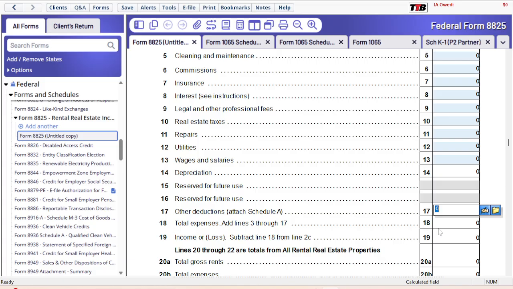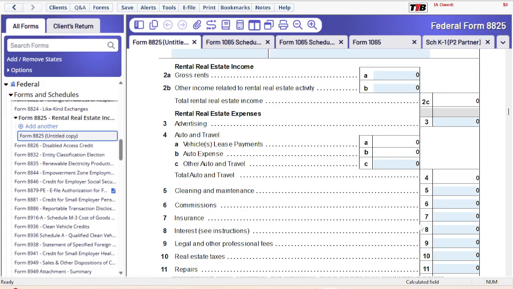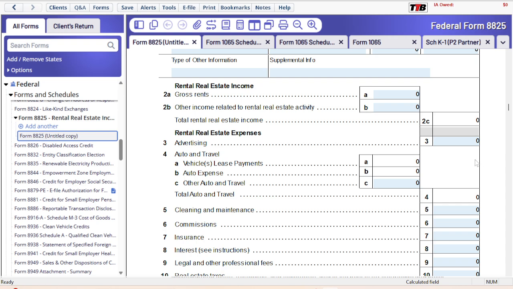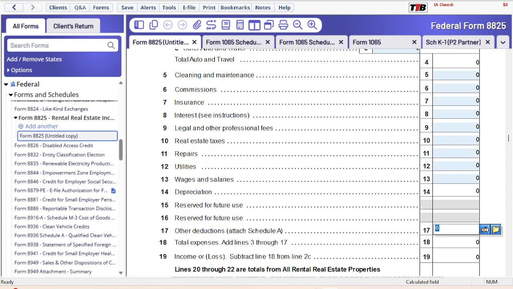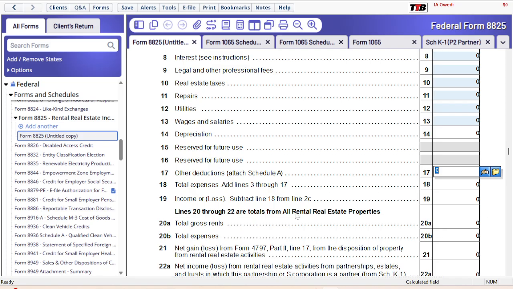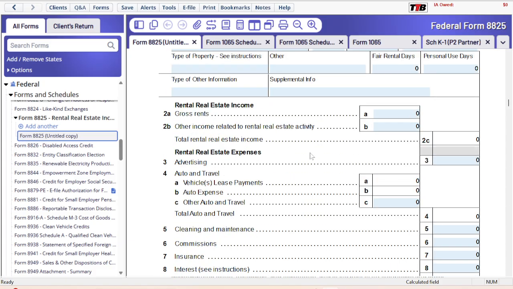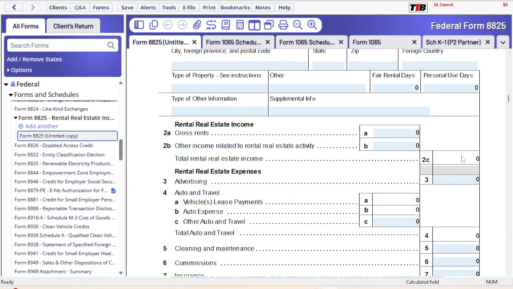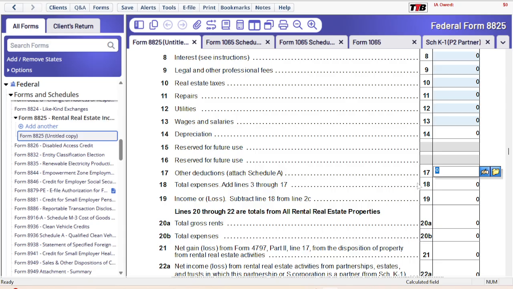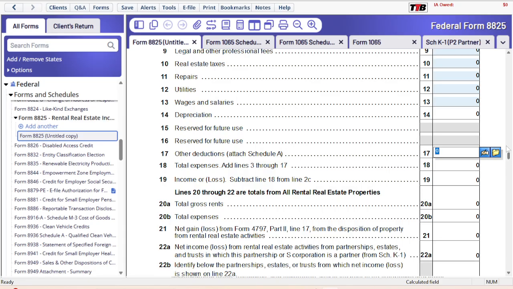And total expenses is going to be from line 3 advertisement all the way to 17 will go there. And then income or loss will be the difference between the rental income, line 2c, and line 18. The difference between the two will give you your profit or your loss.